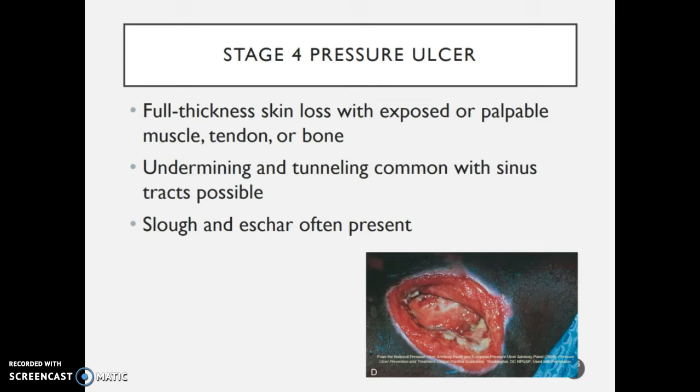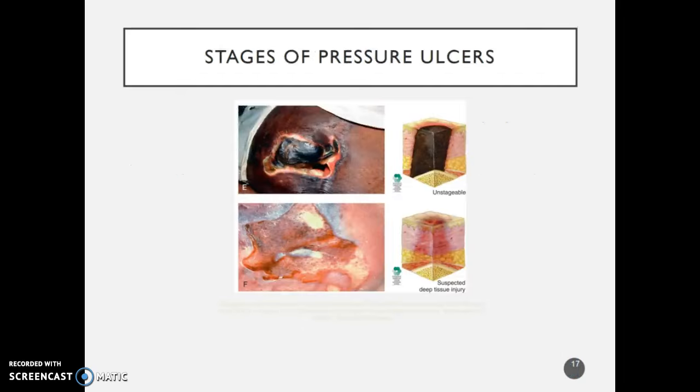And with these, you often can have what's called undermining and tunneling, which means that there are areas that communicate under the skin from one area to the other and may cause little sinus tracts that have fluid and extra infectious material within them.